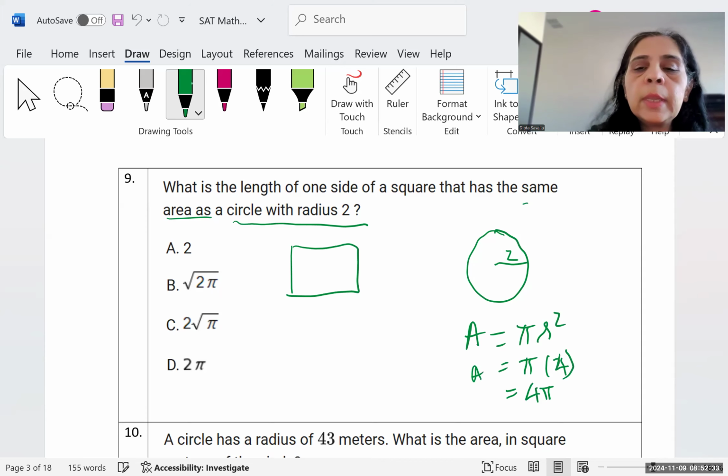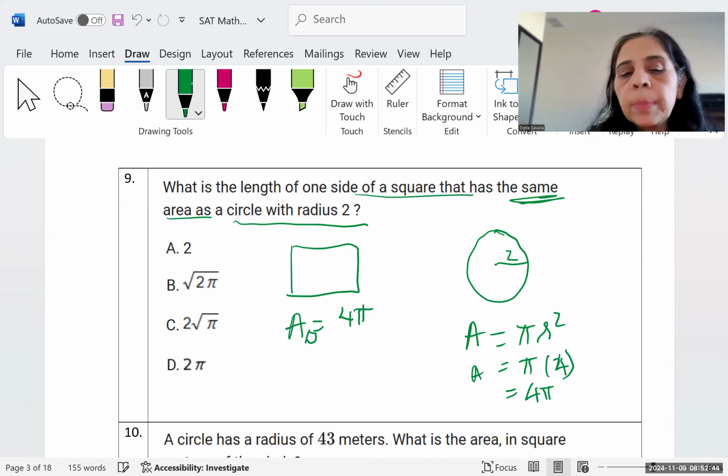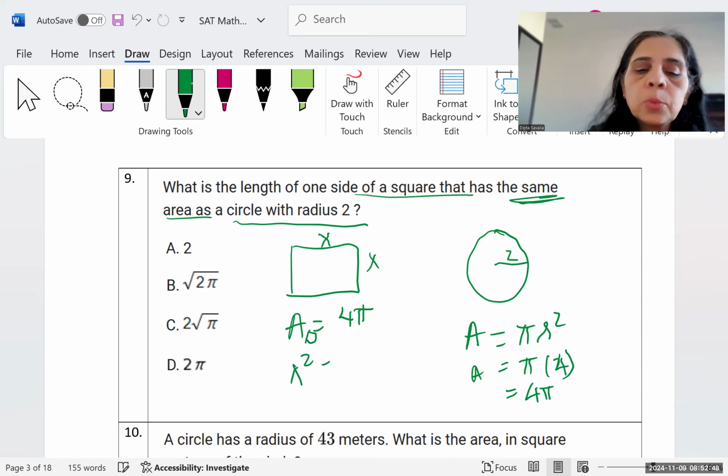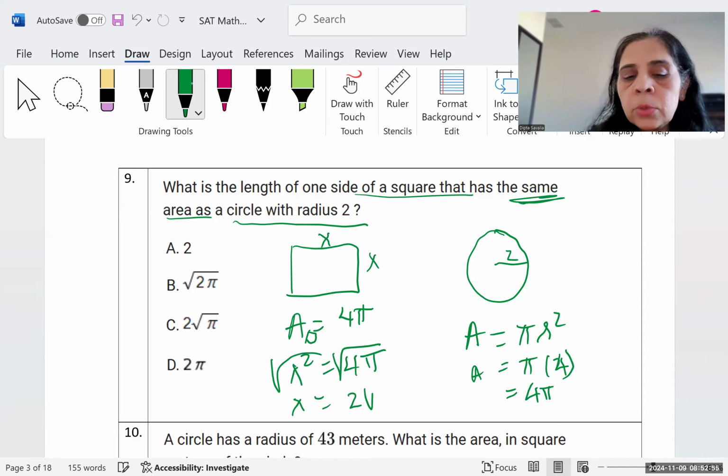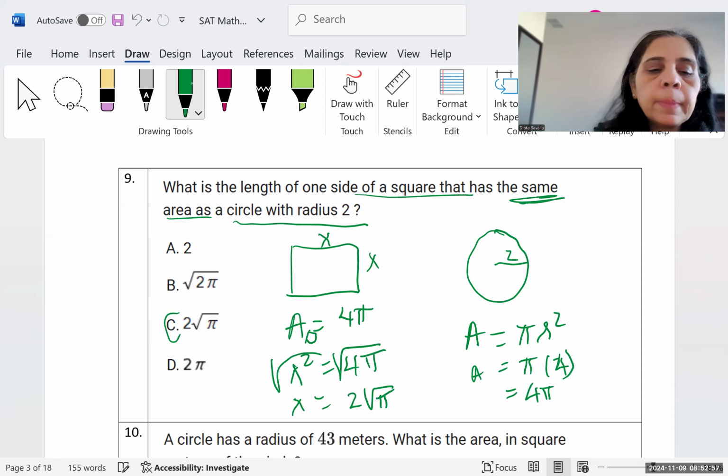Now the area of the square and the circle is the same, so the area of the square is also 4 pi. Each side of a square is the same length, so x square equals 4 pi. We take the square root. Square root of 4 is 2, square root of pi. So choice C.